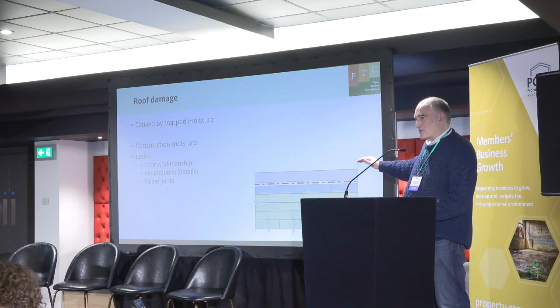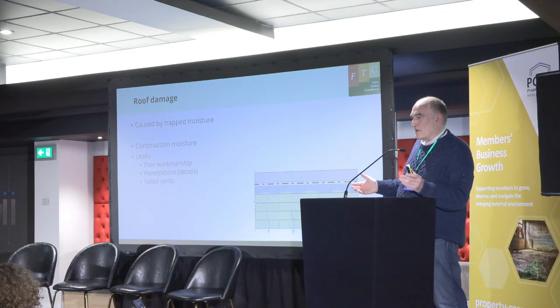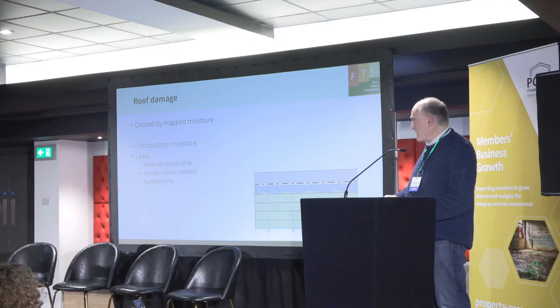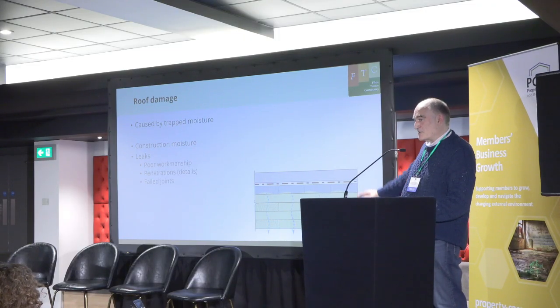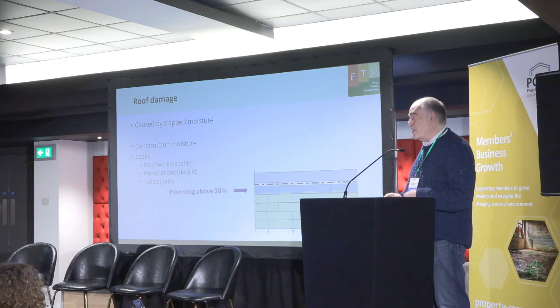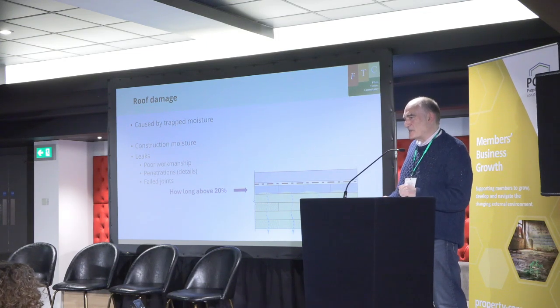In typical CLT construction, we've taken away the drainage route, we've taken away the ventilated route, and we're down to only the slow diffusion rate. So the only way it can come out is through this timber, through the whole section of the timber. So what we really want to know is how long has that been above 20% moisture content?